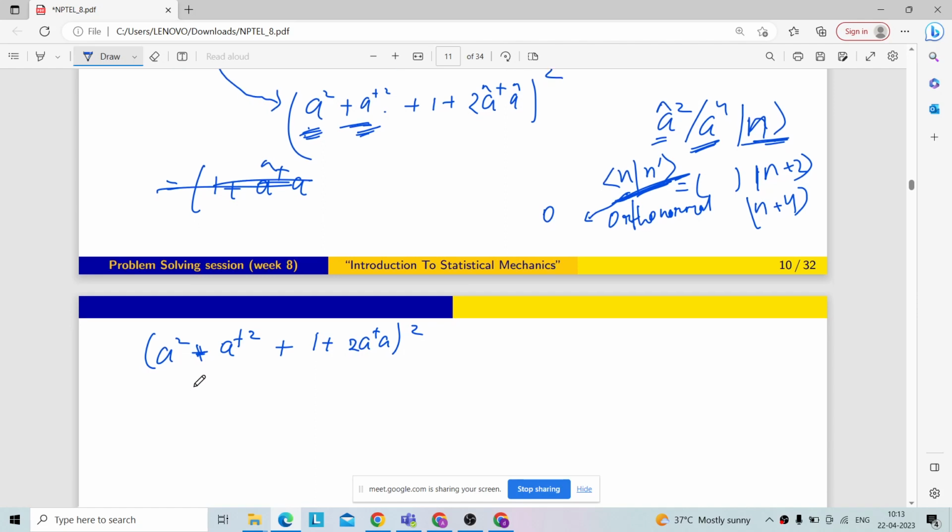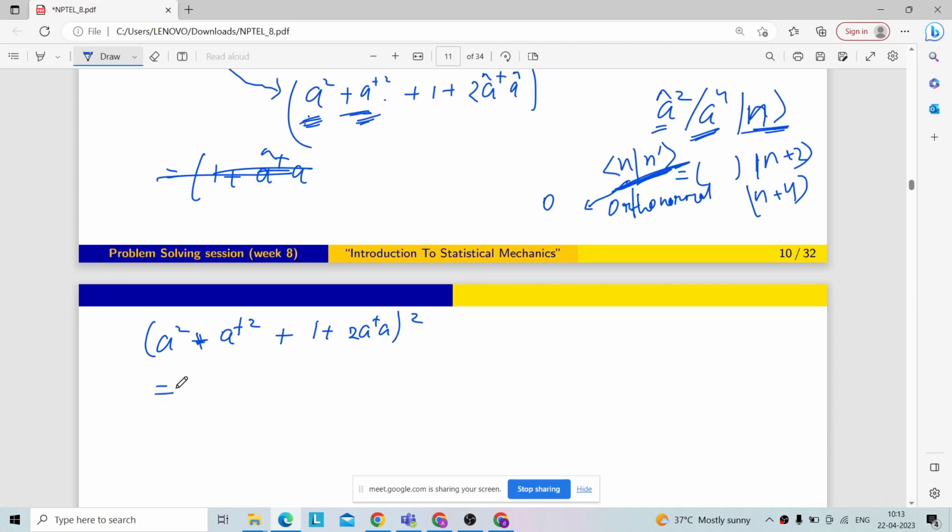So I have to find this. Let's take these two terms as one. So this is (a + b + c) squared.